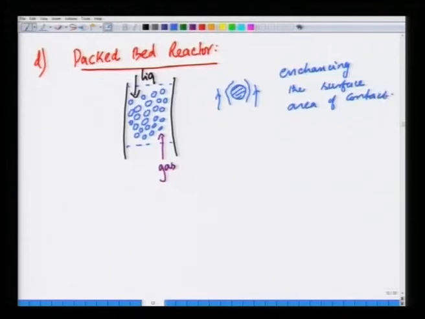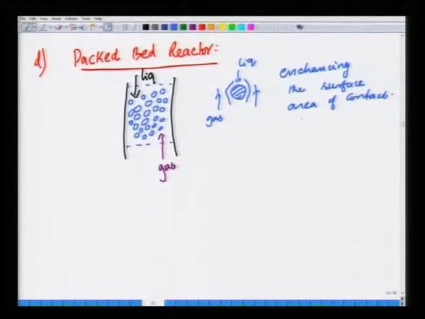So, again, the detailed nature of flow around each particle, this is the liquid and this is the gas, determines the rate of reaction. Therefore, we have to first understand the details of the flow pattern so that the reactor can be designed.